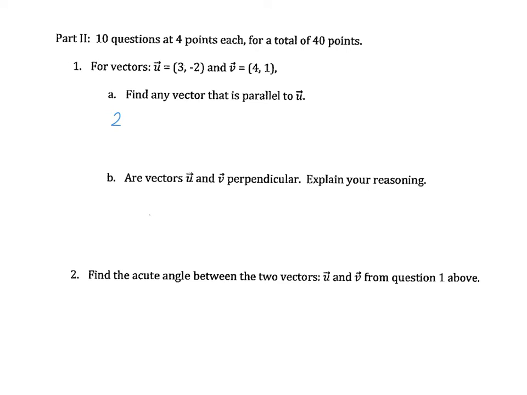So, for example, 2u would be parallel to u, and that would be 6, negative 4. We could also do negative u, which would be negative 3, 2. So those would be two vectors that are parallel to the original vector. Somebody in another class had a great suggestion: if you're afraid of doing arithmetic, you could say pi u.